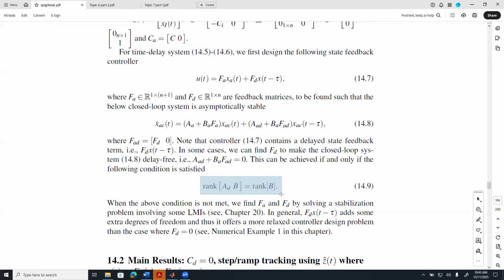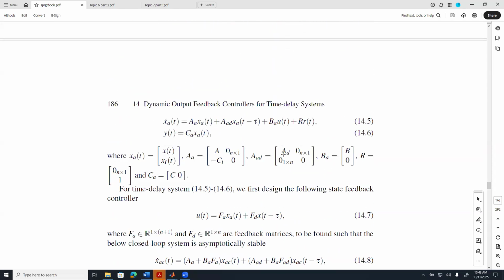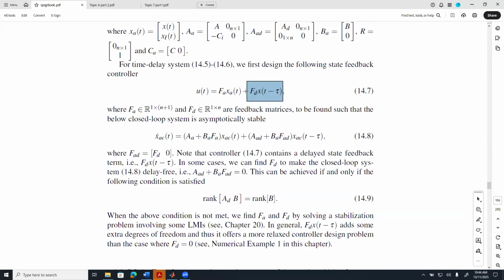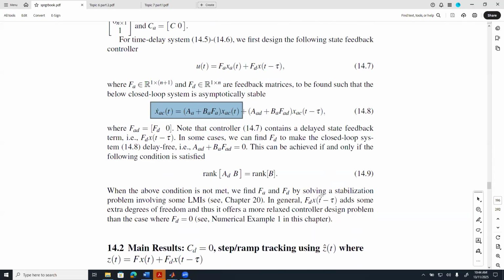Okay, so what that means is that is the extra degree of freedom by employing this type of state feedback control law in the system. All right, and if this condition holds, then we're going to get just a closed loop system without any delay in there. It's called delay free. In any case, if we don't have these conditions hold, then we can still do the stabilization.